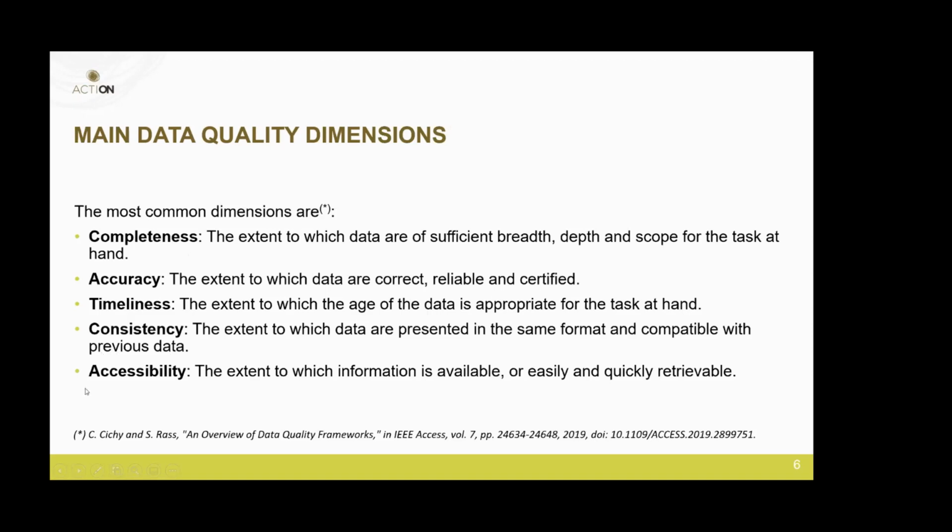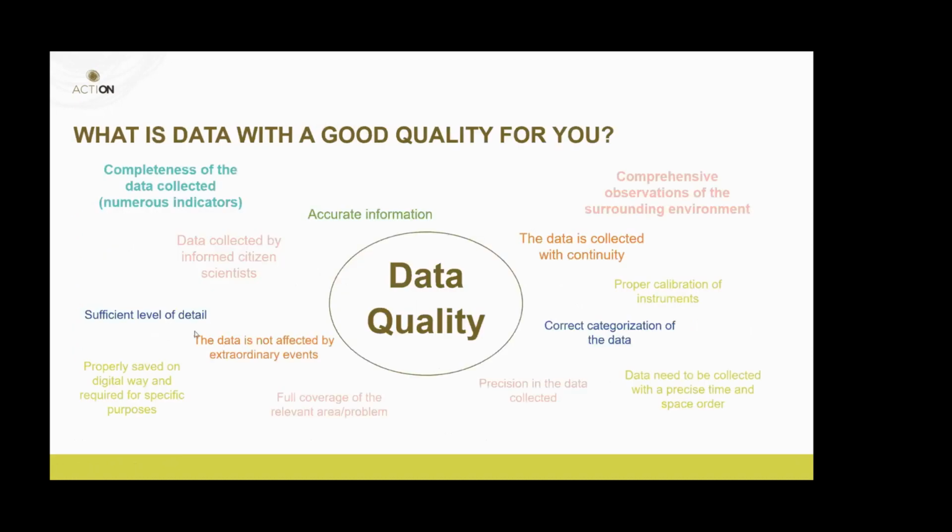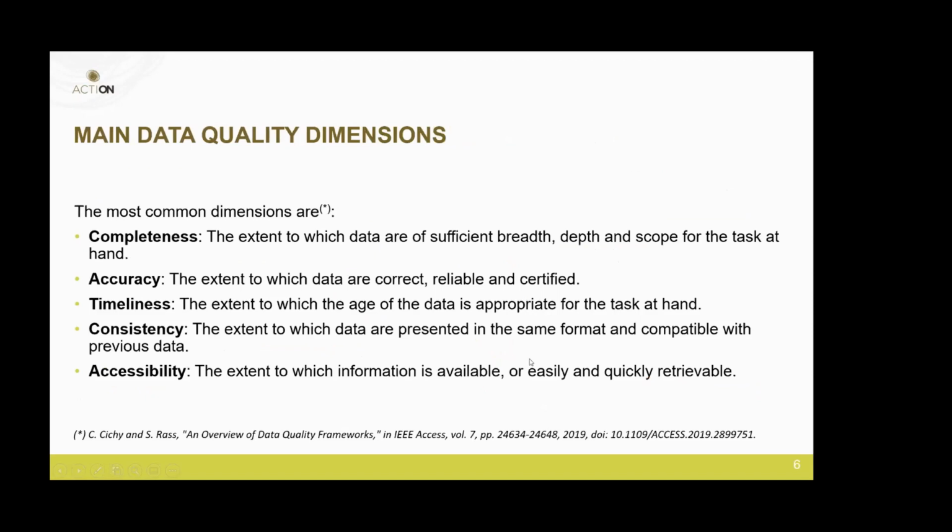This is one point that Esteban already explained to you in the previous presentation. But if you check this slide, you can see that we cover completeness, accuracy, and also timeliness. There are a lot of your points that already covered these dimensions, so they're really common.